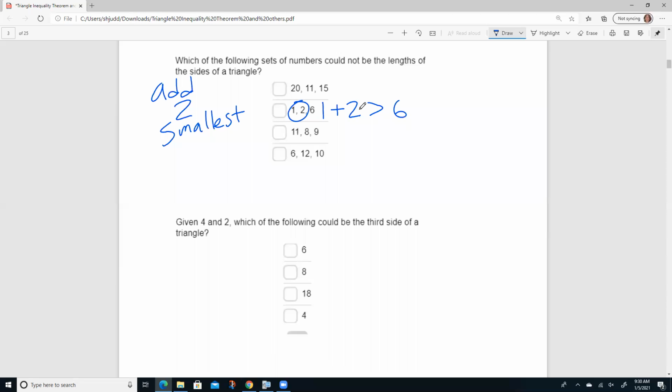Hopefully you're saying no, because 3 is not bigger than 6. We're asking for which one is not a triangle. So I know this is not a triangle. This is our answer.